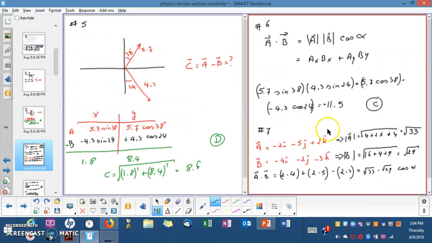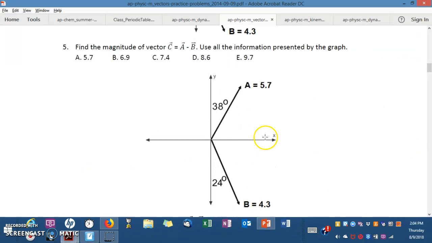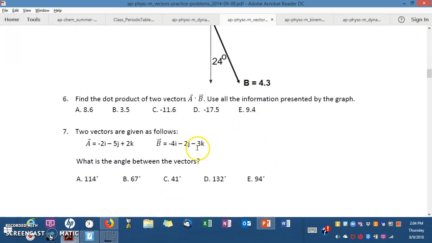For number 6, they say find the dot product of those two vectors. Now, remember the difference between, we barely talked about the cross product, but we definitely talked about the dot product. The dot product is the product that you obtain when you multiply two vectors, and that answer is actually a scalar, as you can see.